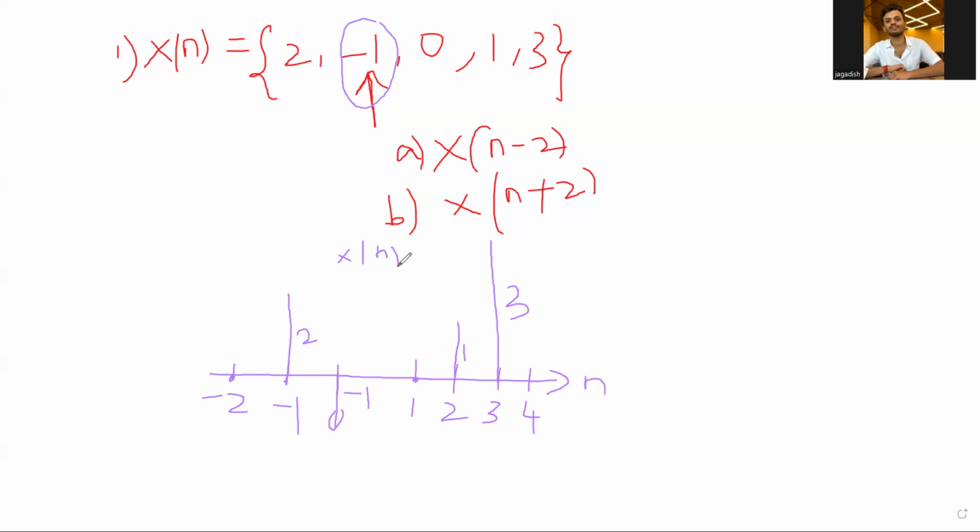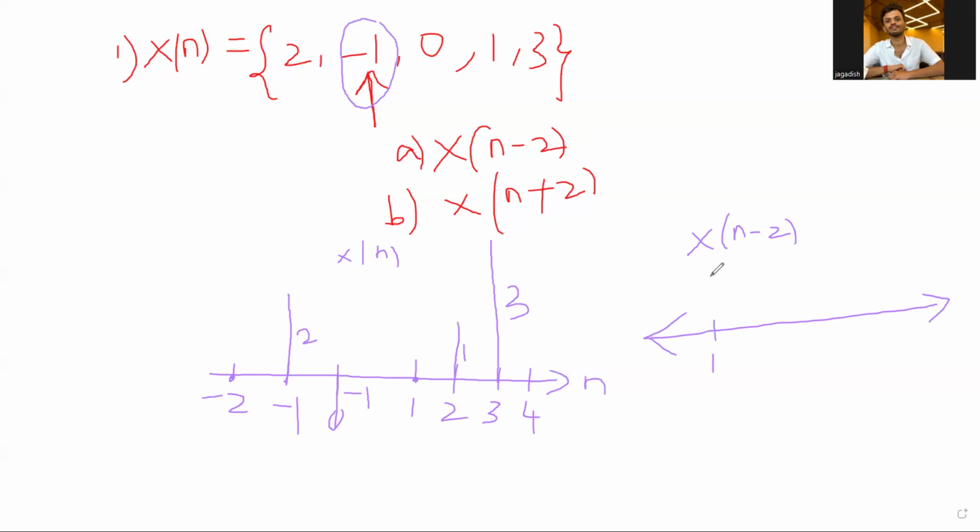Now it is x of n minus 2. What you need to do in x of n minus 2? Right shift, towards delay. You need to shift 2 positions towards the right side. So it will be starting from 1 only.